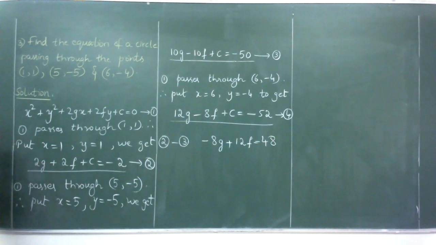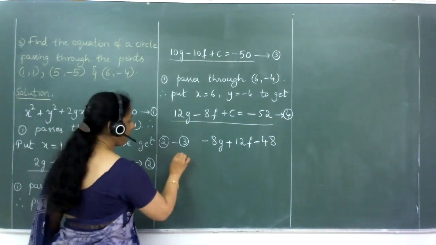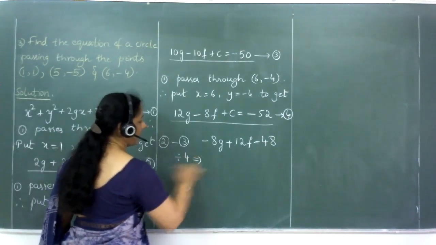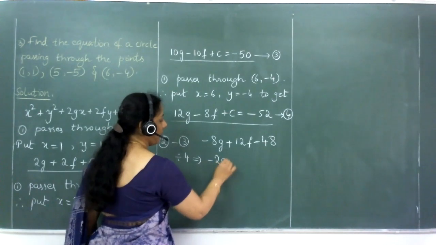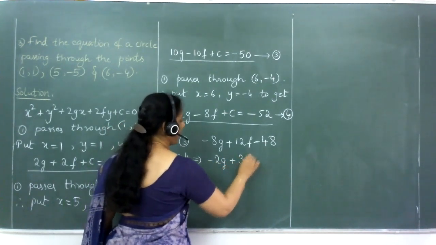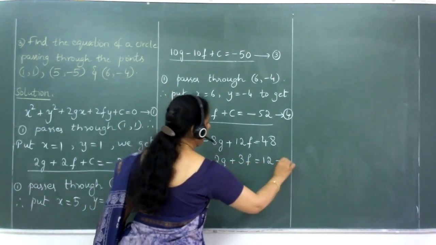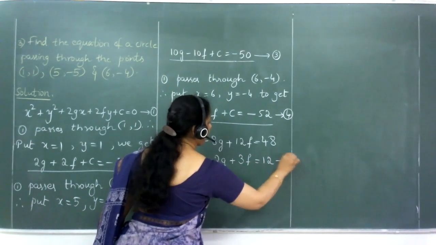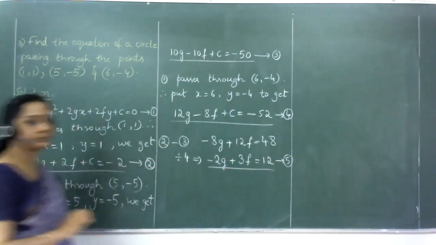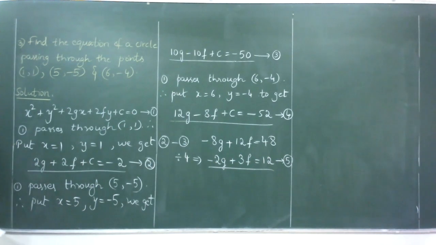And we find here a suitable common factor to all the three terms. We can divide the equation throughout by 4. 4 appears to be a common factor. So this reduces to now minus 2g plus 3f, which is equal to 12. I shall use this as equation number 5. We have eliminated c here.